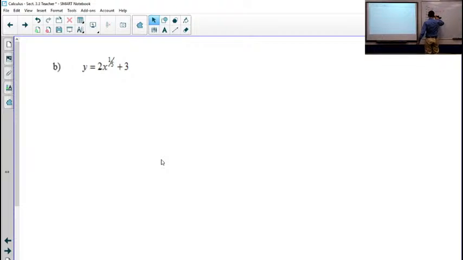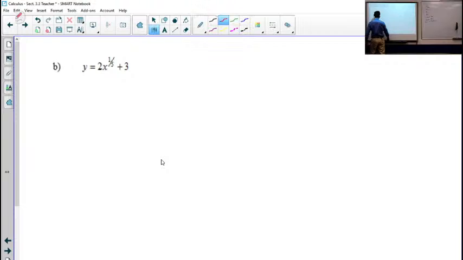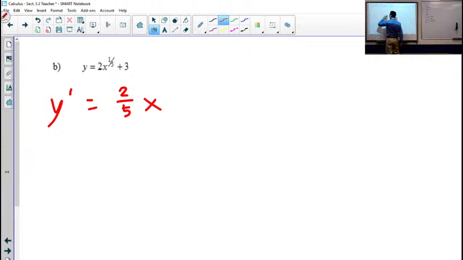We want all the same information. Y prime, 2x to the 1/5. Okay, so that's going to be, the 1/5 is going to come out in front. So 1/5 times 2 is going to be 2/5. X to the, well, subtract 1 from the exponent.